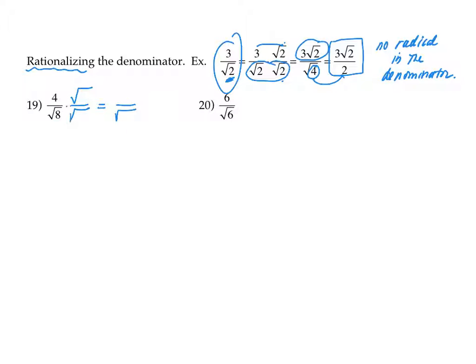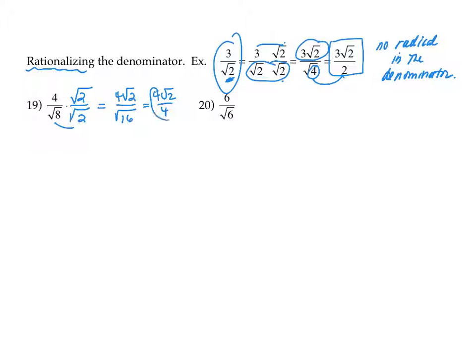Instead of just multiplying by the number itself, try multiplying by something that will make it a perfect square without giving you something that you have to simplify later. So the square root of 8 times the square root of 2 is the square root of 16. And in the numerator, that would be 4 square root of 2. So now we have 4 square root of 2 all over 4, because the square root of 16 is 4.